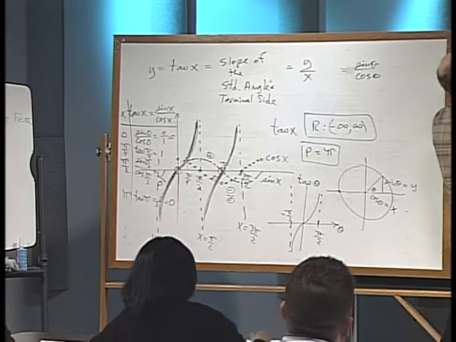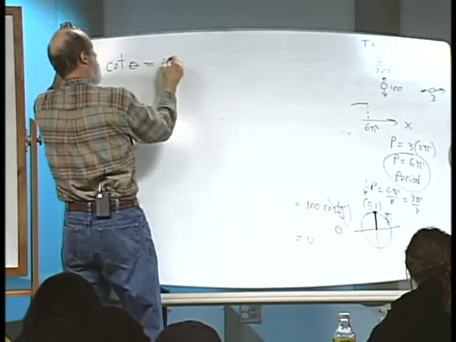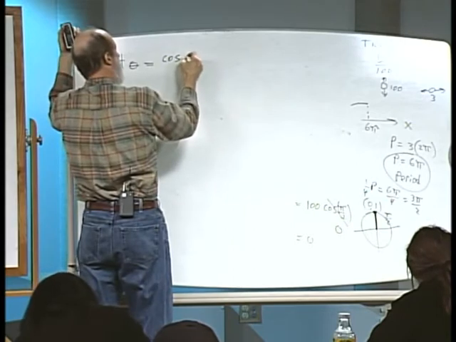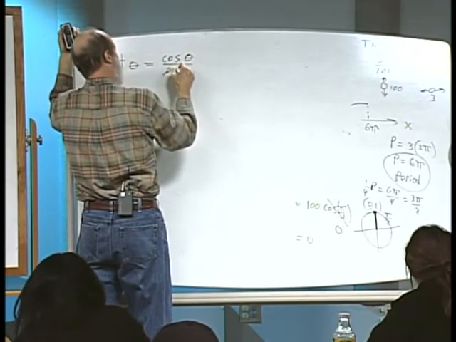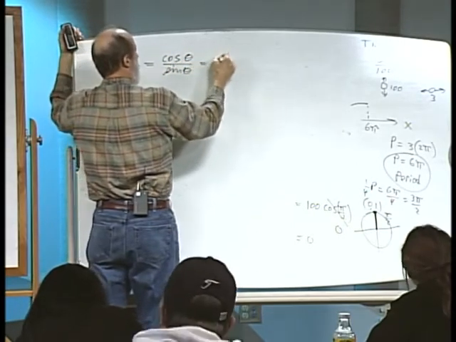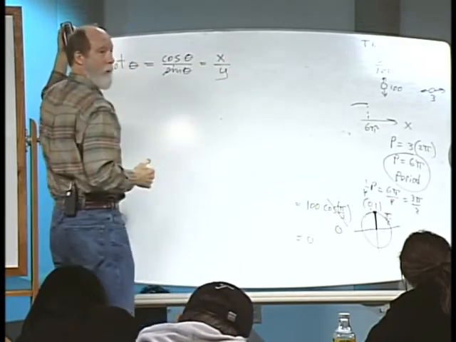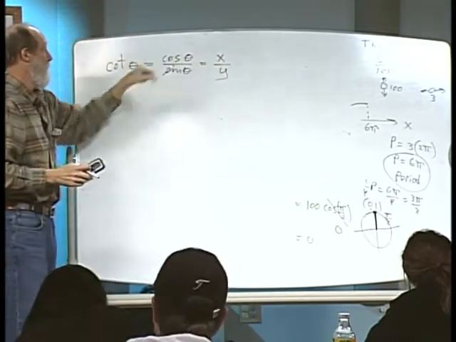But the cotangent, I'm going to switch back to using theta, is defined as cosine of theta over sine of theta, or it's oftentimes thought of as x over y.